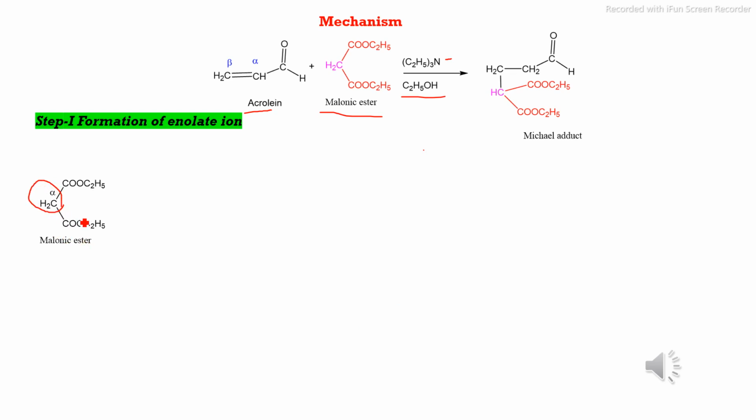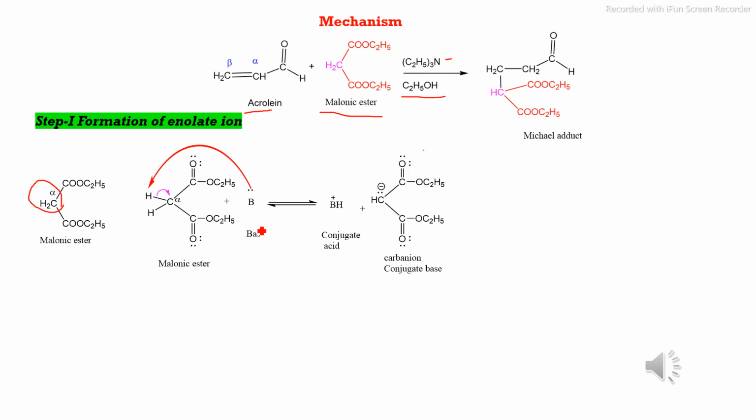Therefore, when malonic ester reacts with the base, an acid-base type of reaction takes place. The weak base has a lone pair of electrons, and this weak base abstracts one of the hydrogen atoms of the alpha carbon atom, or we can say that the active methylene compound loses an alpha hydrogen atom in the presence of a weak base to form a carbanion.